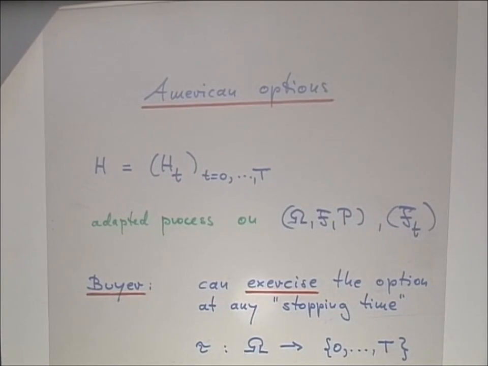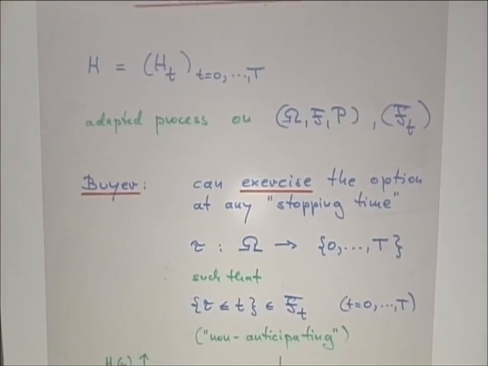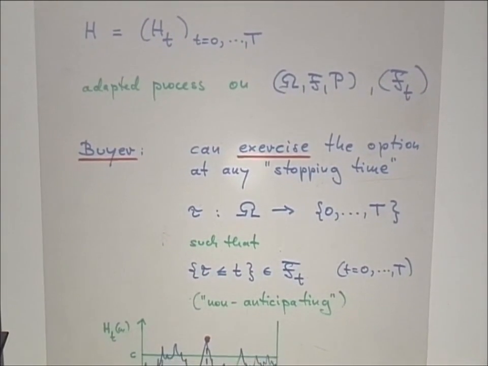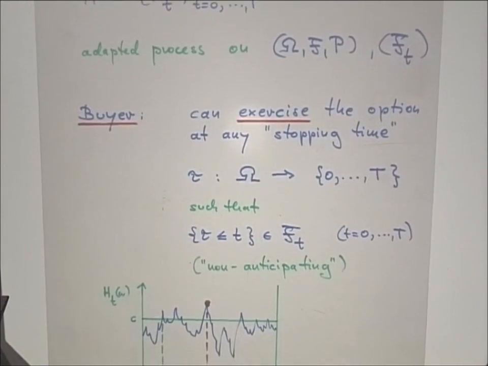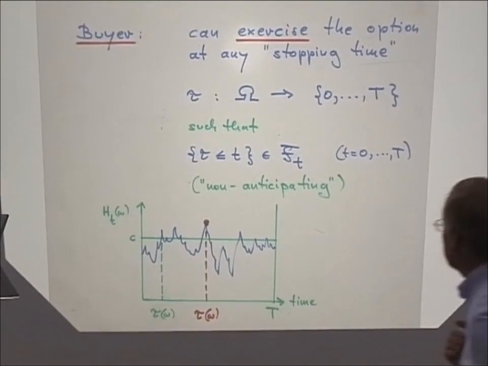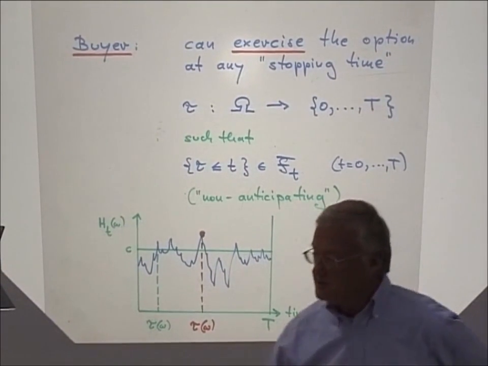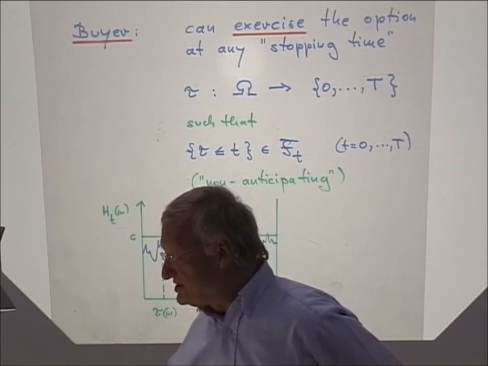So the buyer can exercise the option at any time between 0 and T, which is a stopping time in the technical sense. And the qualitative meaning is it should not anticipate future developments. So the technical condition is here, and here are two examples of stopping times, random times.